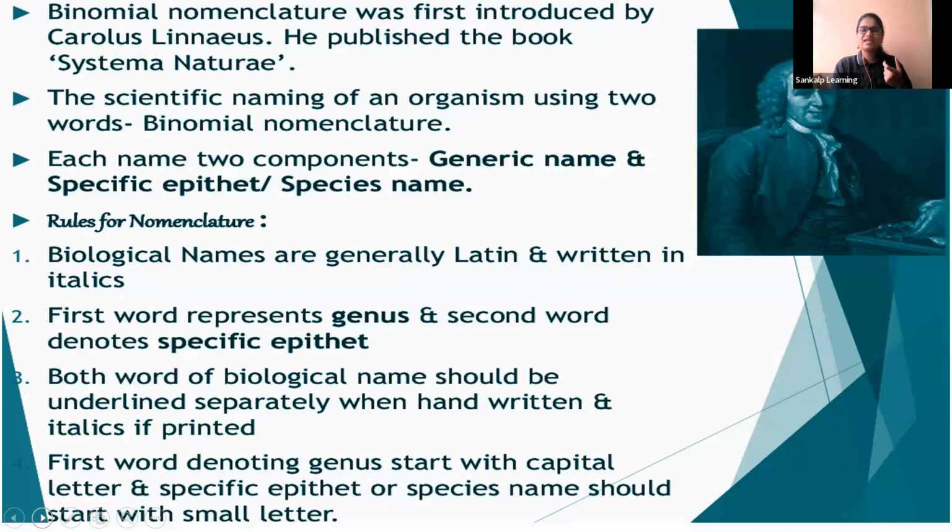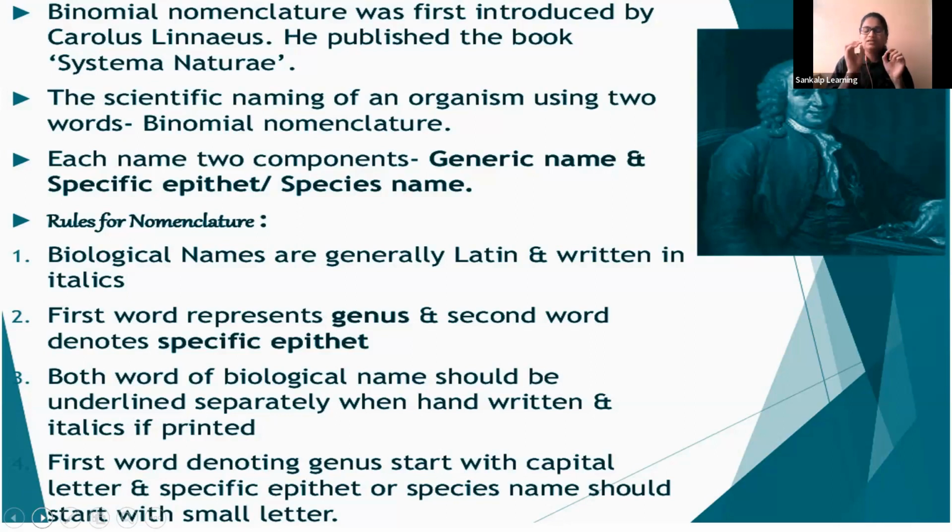The first letter of the generic name should always be capital. The first letter of the species name should always be small. While writing, there should be a gap between the generic name and the species name, and you should underline the words separately, species and genus.